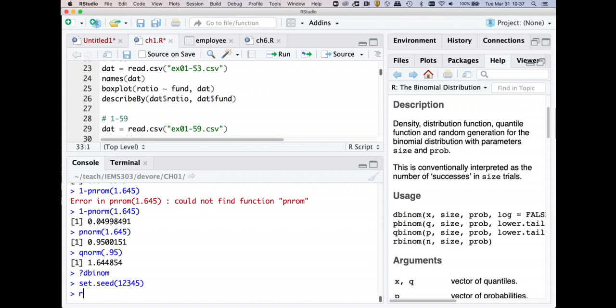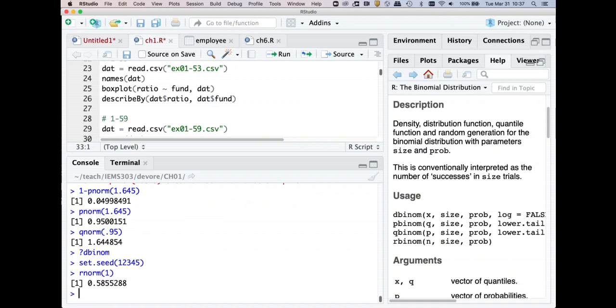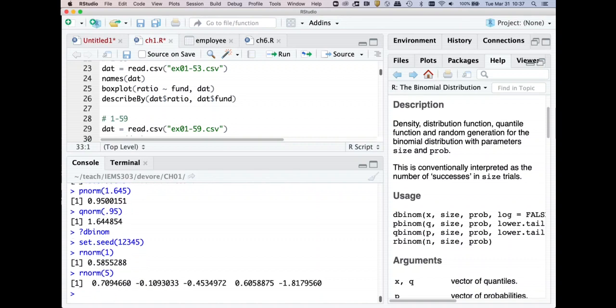The first argument is how many random variables you want to generate. Let's just generate 1 for now. And you'll note that we have optional arguments, the mean and the standard deviation. So we have just generated a random number from a normal distribution. If I did rnorm of 5, I will get 5 random numbers from a normal distribution.